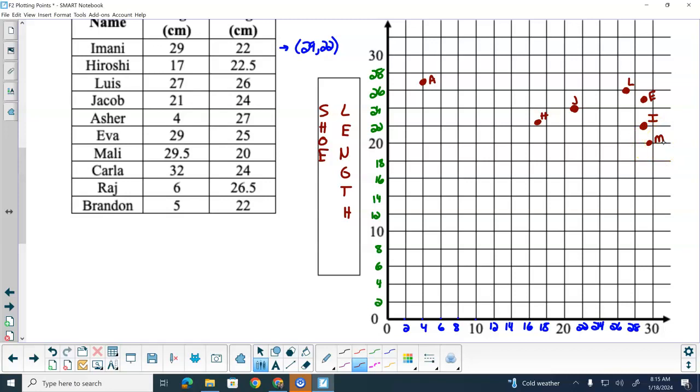Mr. Gomez, you have Carla. 24 up, 32 to the right. Uh-oh, what's wrong with that one? There's no 32. So we know it's going to be roughly the same size, right? Outside of that, okay?